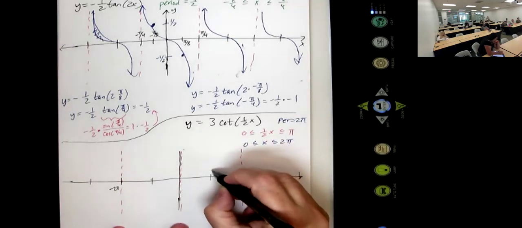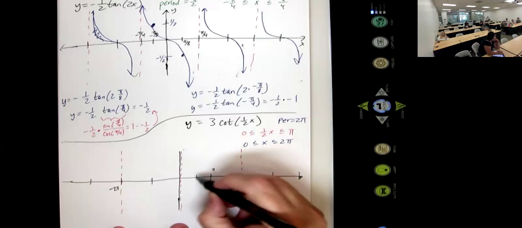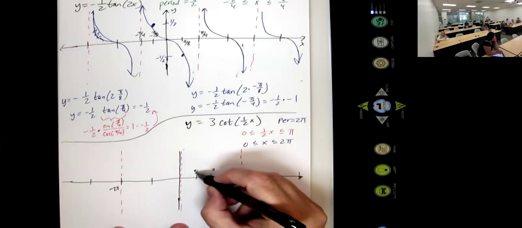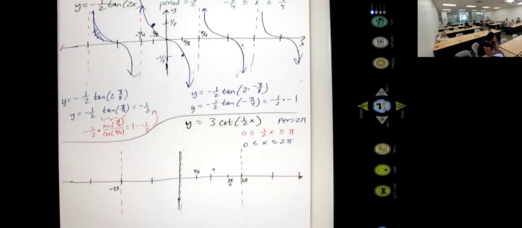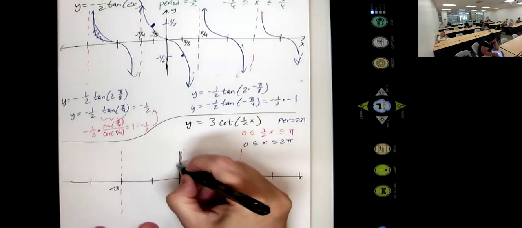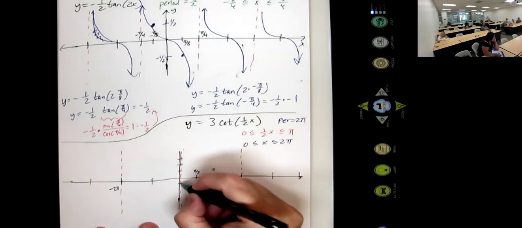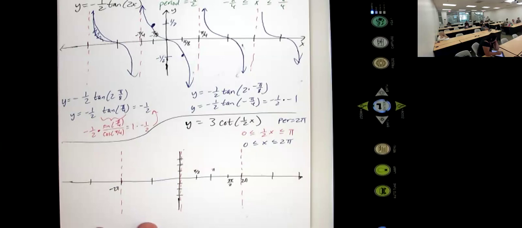We know that's pi. Pi over 2 and 3 pi over 2, just like our unit circle. Since it looks like 3 is going to be a number, that's important.